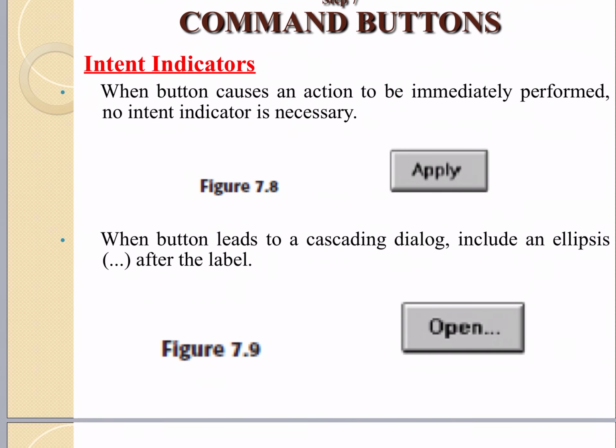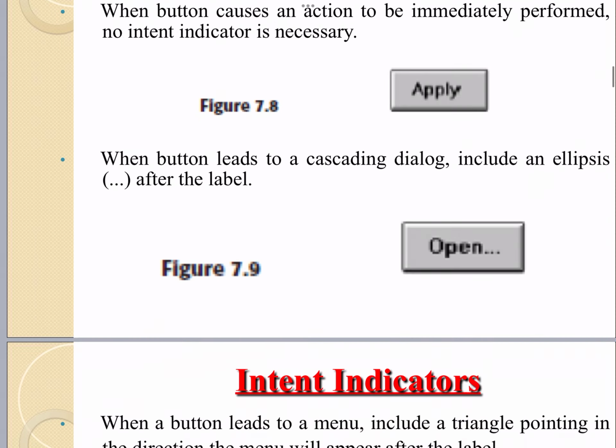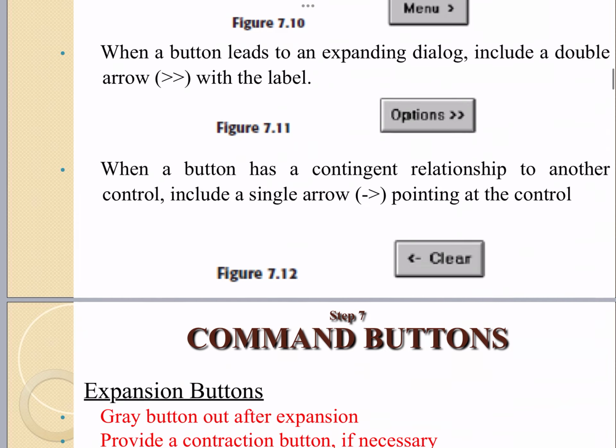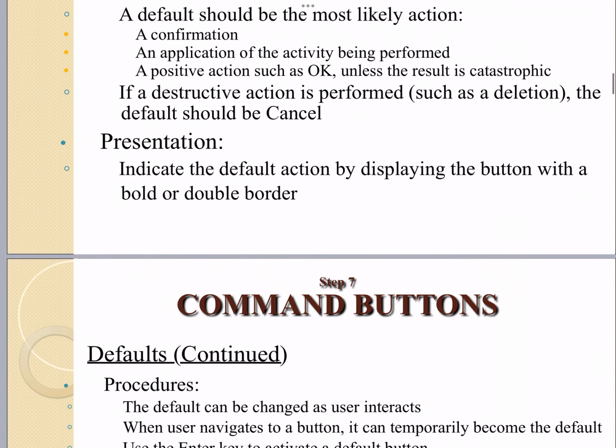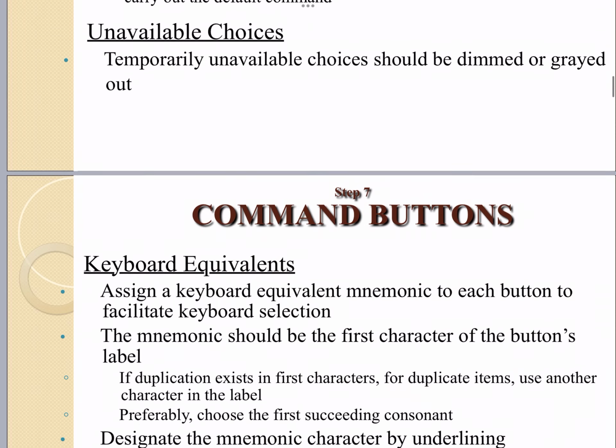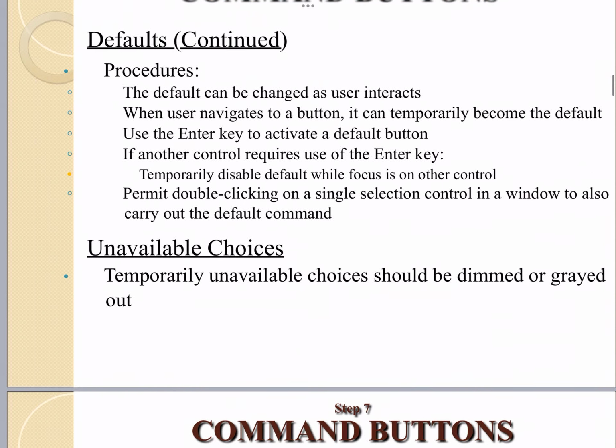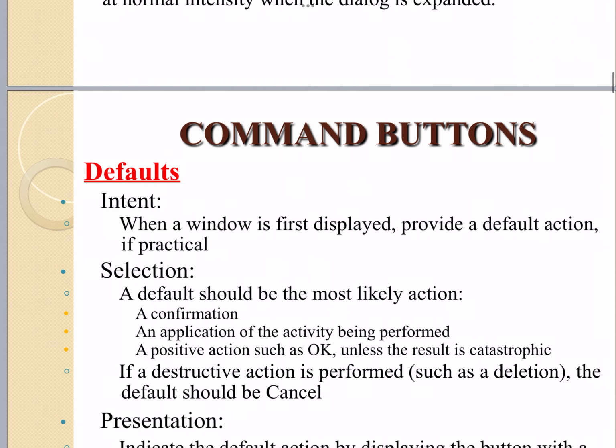And these are examples of command button indicators. You can apply, you can open, you have a menu, you have options, you have clear. The expansion buttons will be like whether you are expanding it or what. So this is all about the command buttons.